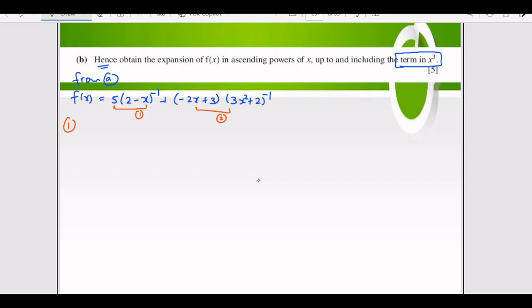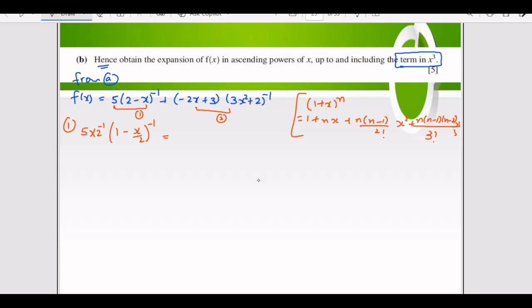So the first one, I take 5, and then I will take out 2 from here, so that will give me 2 to the power minus 1. It is going to be 1 plus x over 2, power minus 1, right? Then we are going to use 1 plus x power n, which is 1 plus nx plus n(n minus 1) over 2 factorial x squared, then n(n minus 1)(n minus 2) over 3 factorial, x cubed.